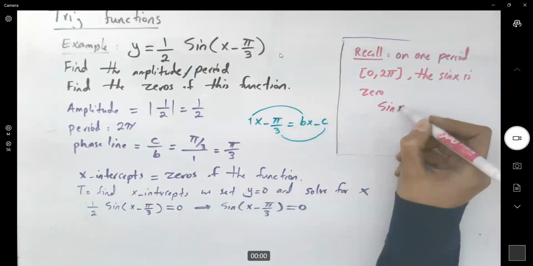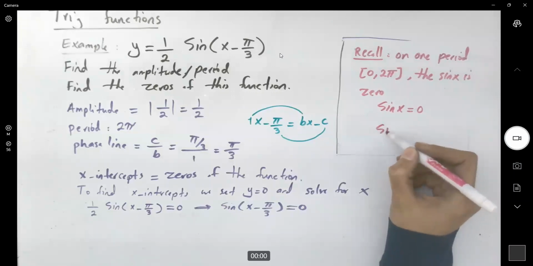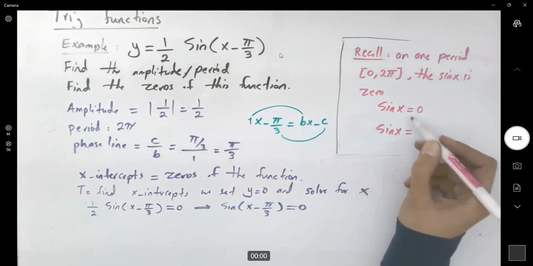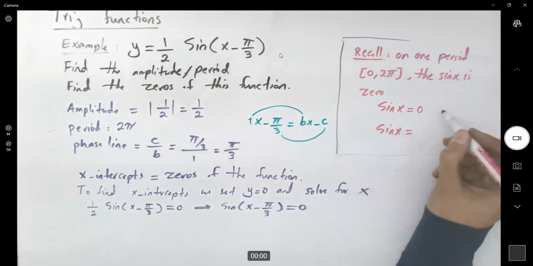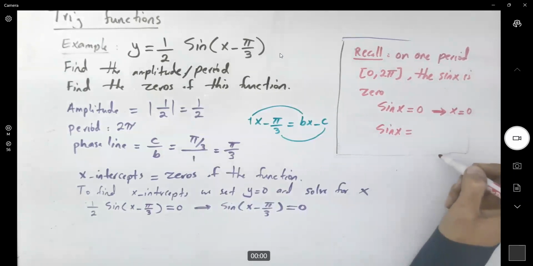There is a possibility that x is equal to 0.